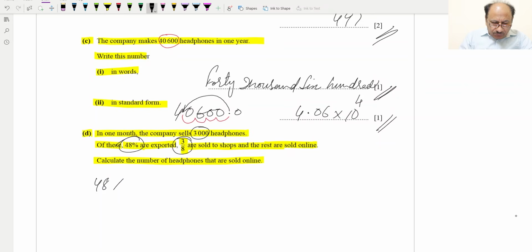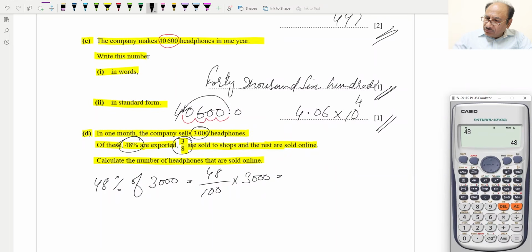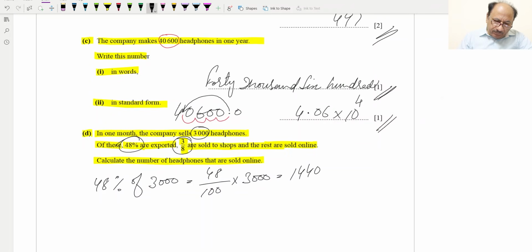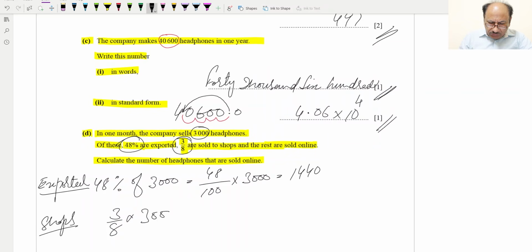So 48% of 3000 will be equal to 48 over 100 multiplied by 3000, and this will be 1440. 1440 is exported. Then for the shops, it will be 3 by 8 of the total, which is 3000.